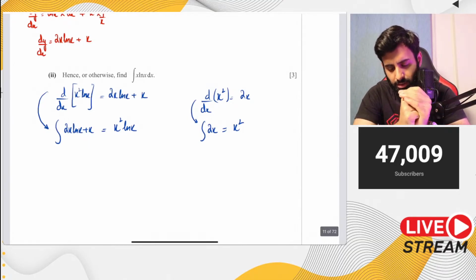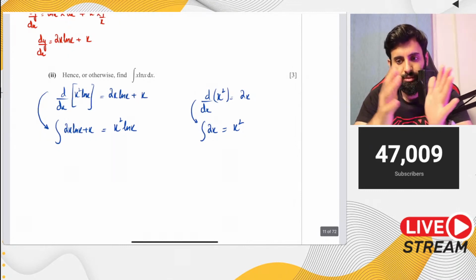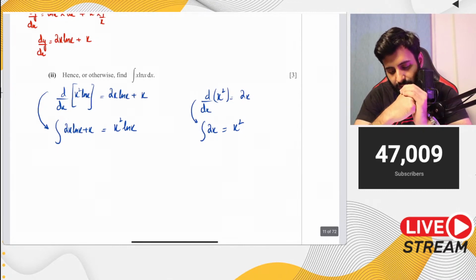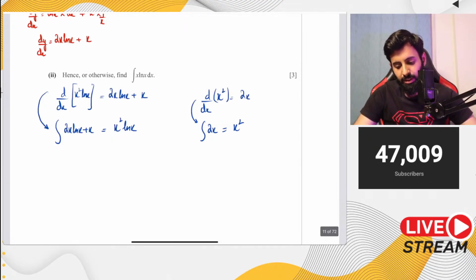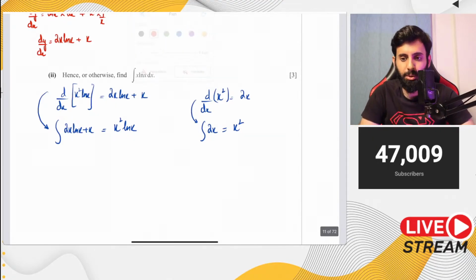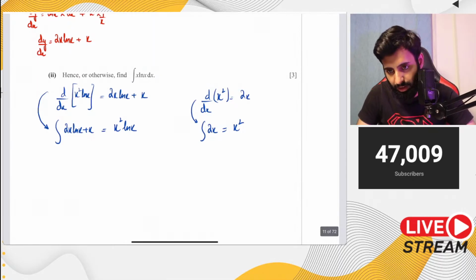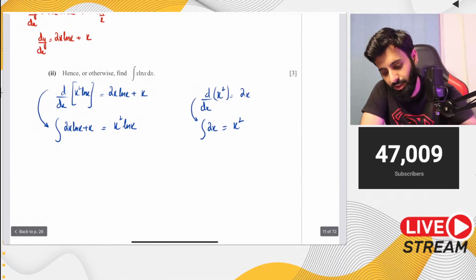Okay, great. Now, here's a new objective. The new objective is that you now have to bring the left hand side equal to what you actually have to find the integral of. Okay, so I'll write that down. Let me type it.